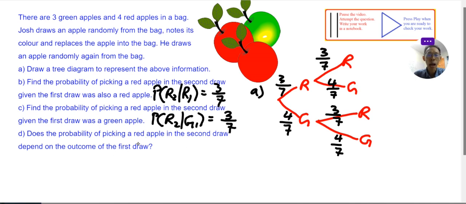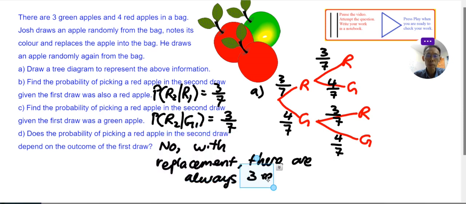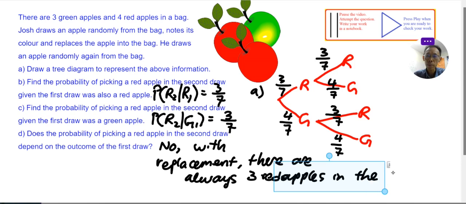Does the probability of picking a red apple in the second draw depend on the outcome of the first draw? No, because as shown before, with replacement, there are always 3 red apples in the bag, right?